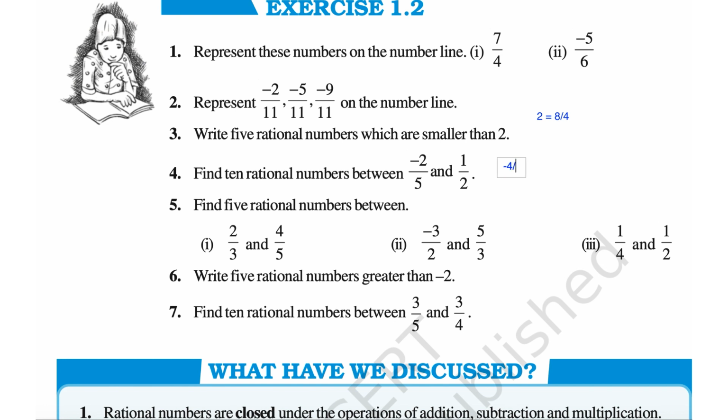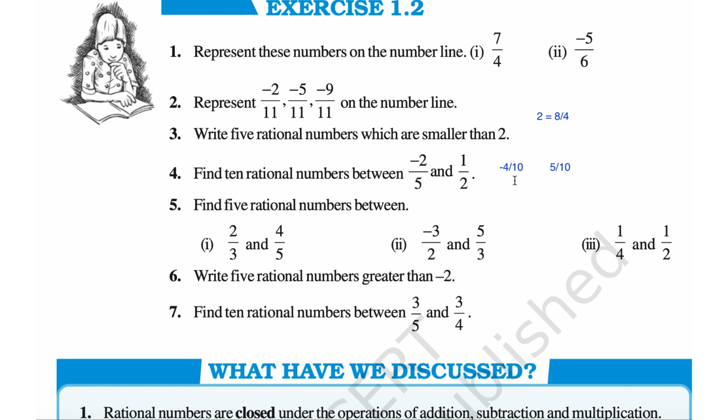This can be written as minus 4 by 10, and the other one as 5 by 10. What are the rational numbers? Minus 3 by 10, minus 2 by 10, minus 1 by 10, 0, 1 by 10, 2 by 10, 3 by 10, 4 by 10.